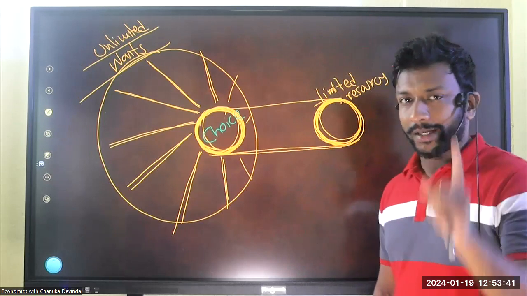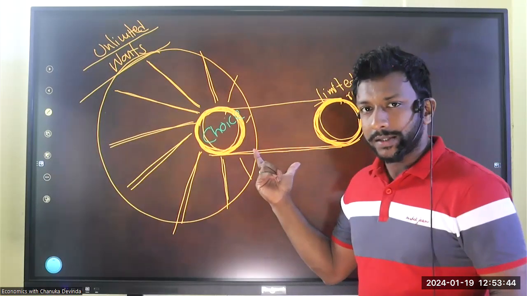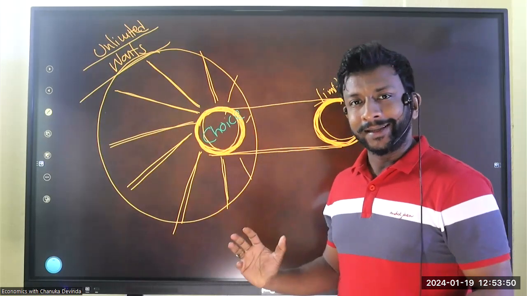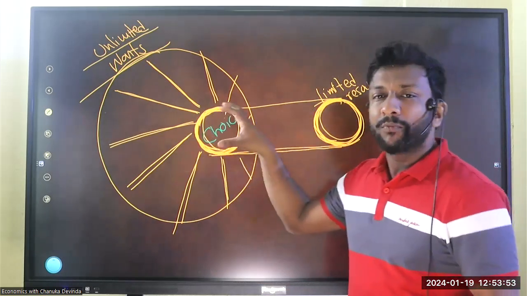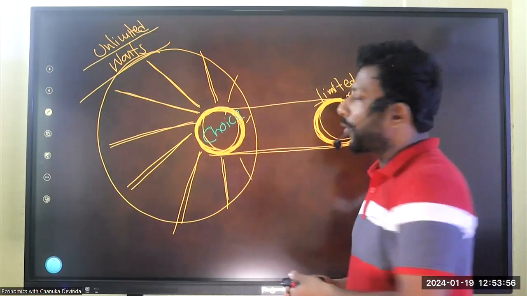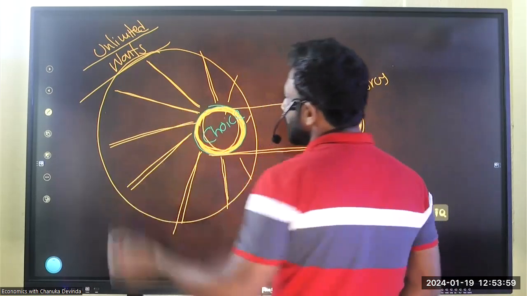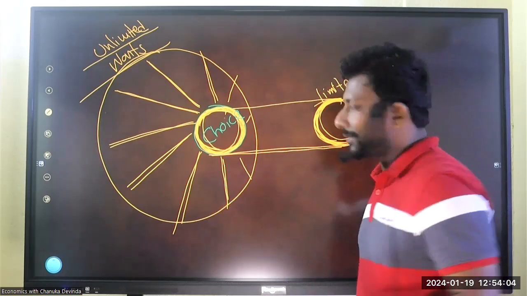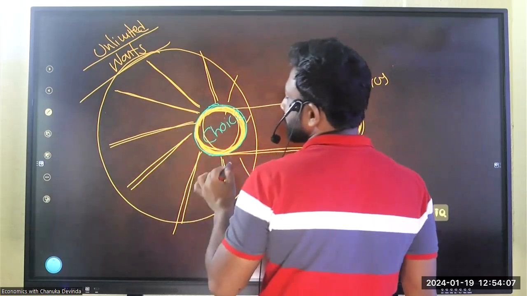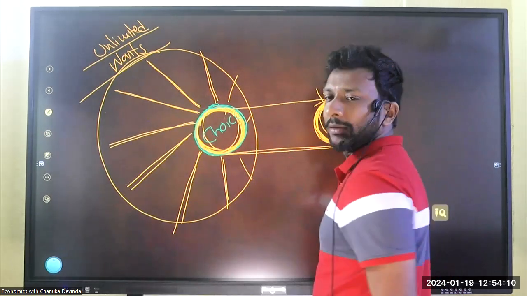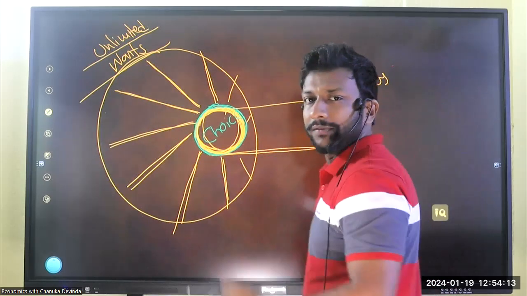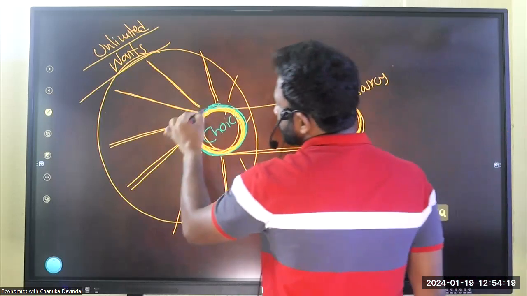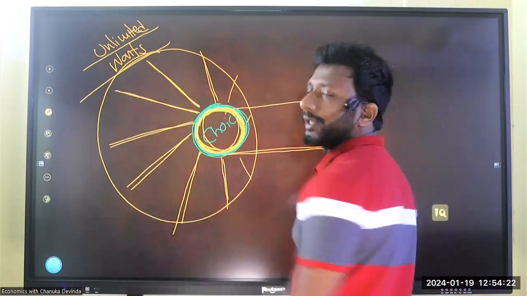You got it, right? Because of limited resources, you cannot satisfy all the unlimited wants. Then you have to match some wants with your resources. You can only satisfy a limited amount of wants, not all the wants. Then you have to pick what you are going to satisfy from all of these options, among all of these alternatives.